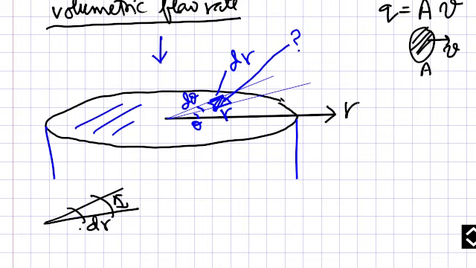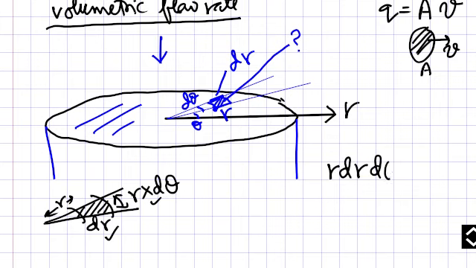If you assume that this small area is a rectangle, you can multiply this length with the width, and you will get the area to be r dr d theta. You must have studied these kinds of things in your 3D geometry in mathematics, so everybody will be aware of this.